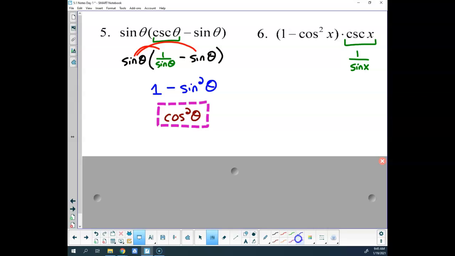What else could we do right off the start? The sine squared, because it's in number 7 again. Anytime that you see a squared, it's probably somewhere on your pink sheet. And 1 minus cosine squared here is sine squared.